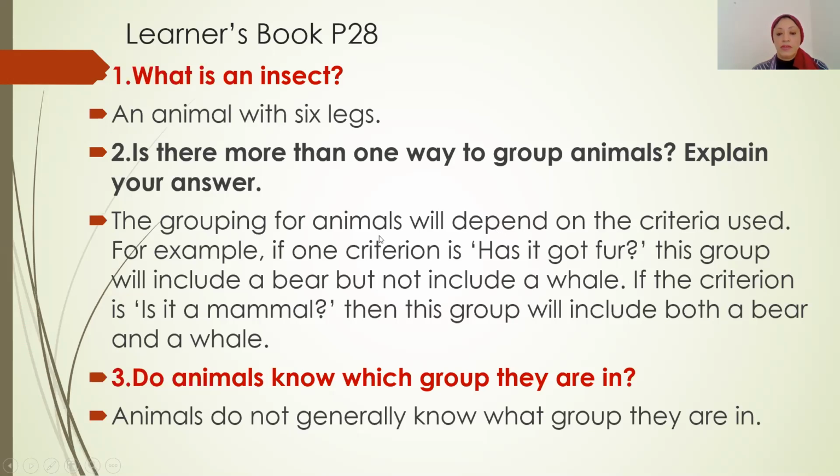For example, if the criteria was the question, does it have any fur? It can include a bear, but not a whale, because the bear has fur, but the whale doesn't. If the criteria is, is it a mammal? Yes, then this group will include both bear and whale. So it depends on the criteria of the question.